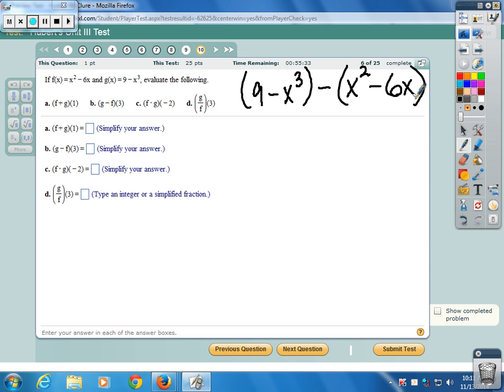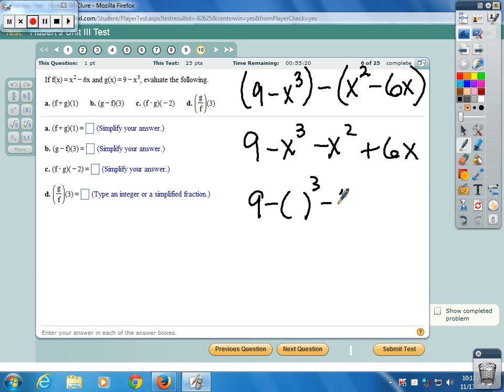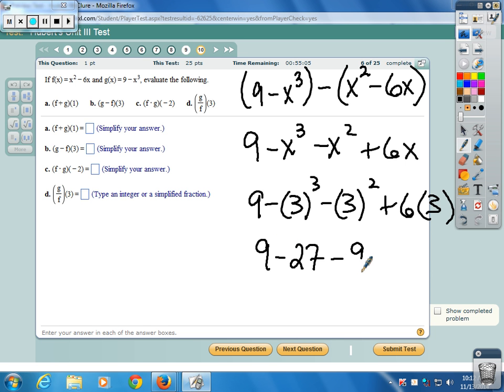So that's going to be 9 minus x cubed minus x squared plus 6x. And plug and chug: 9 minus parentheses cubed minus parentheses squared plus 6 times parentheses. And what are we plugging in? A 3? 3 cubed is 27, so that'd be 9 minus 27 minus 9 plus 18.